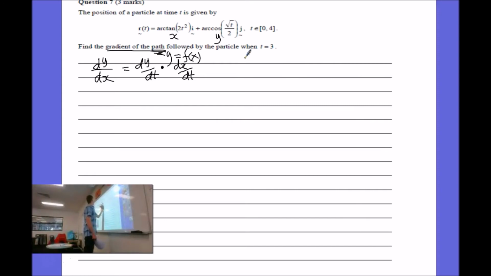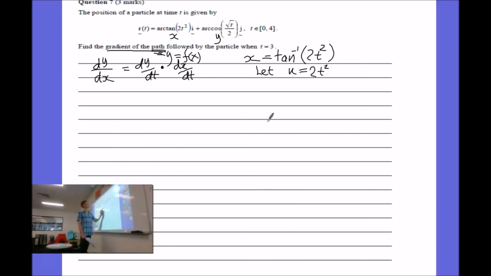Well, let's pull this position vector apart and name it as different functions. So x is equal to the arctan of our 2t squared. All right. Well, let's go ahead and pull this apart again, and let u is equal to this inside function, this 2t squared.